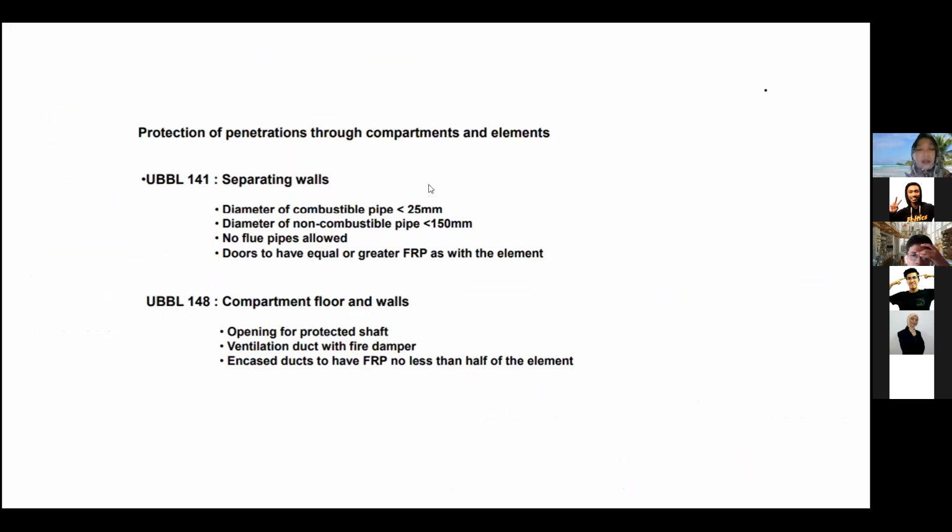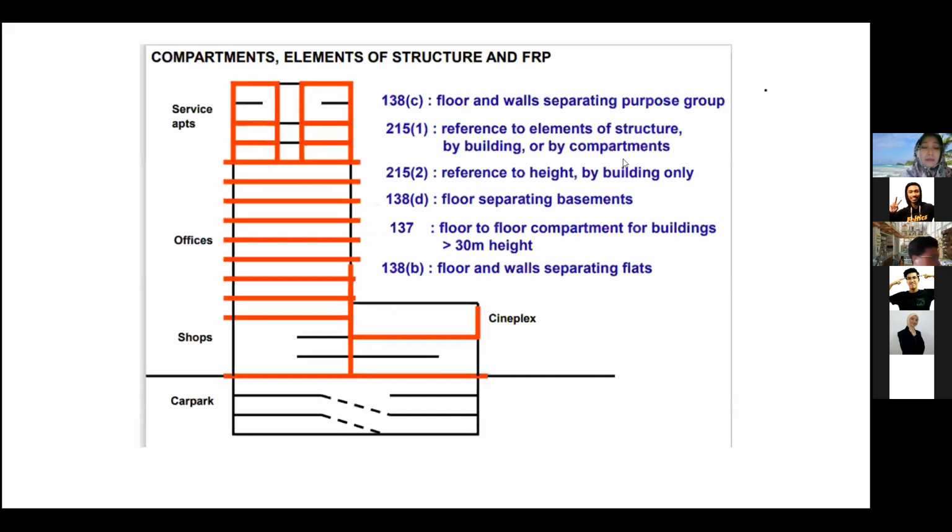Another one is about the separating walls, combustible pipes and everything, the shaft, the floor, the compartment. You need to read 141 and 148. So actually this is very basic; there are a lot of things you need to understand, even for compartments, elements, penetration, openings for protected shafts.